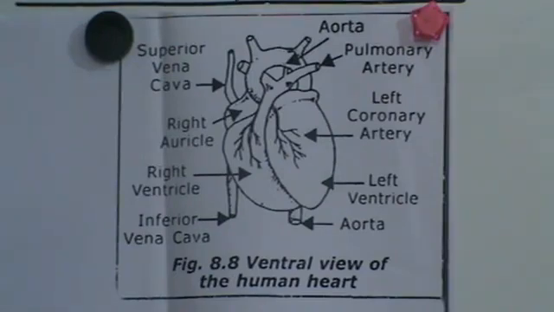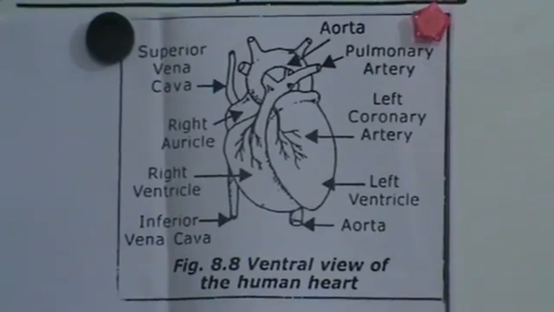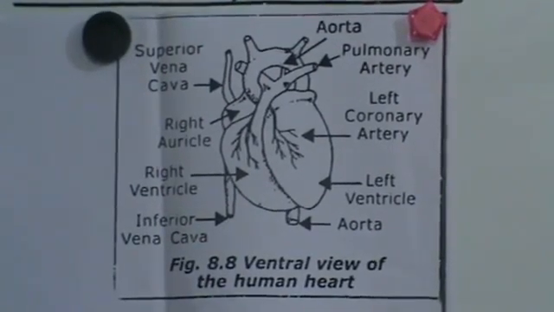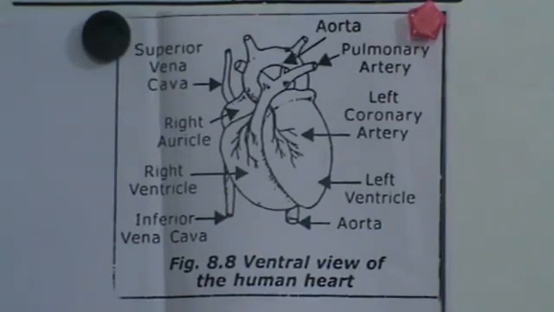The pulmonary aorta bifurcates into two pulmonary arteries to carry deoxygenated blood from the right ventricle to the right and the left lungs.